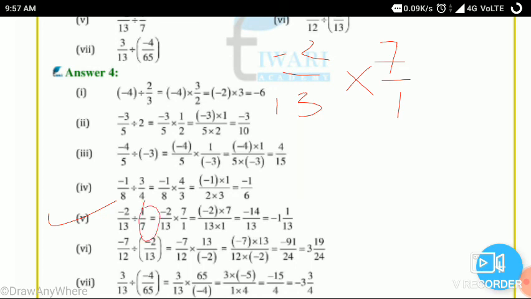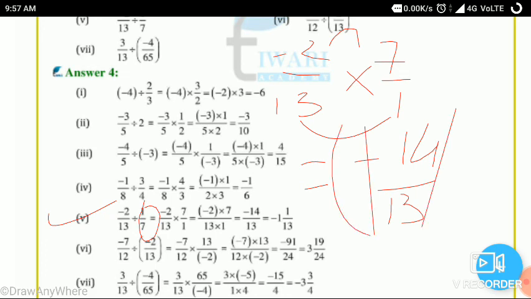So 1 upon 7. So the reciprocal of 1 upon 7 is equal to what? 7 upon 1, right? Now see, we just multiply minus 2 with 7. So minus 14 and 13 ones are 13. Okay, so students, here you can also write this answer as minus 14 upon 13.